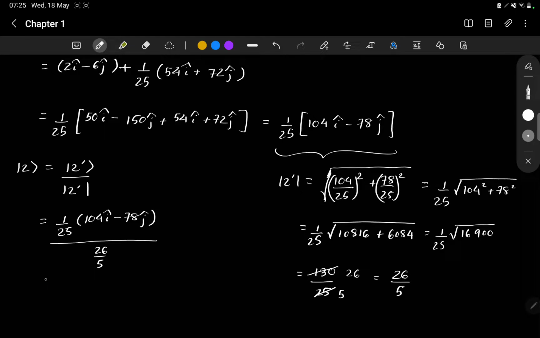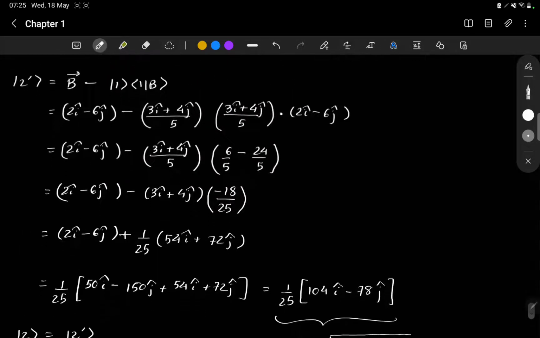So this is divided by 26 into 5, and 26 into 5 is 130. So we have this, which is the second vector.